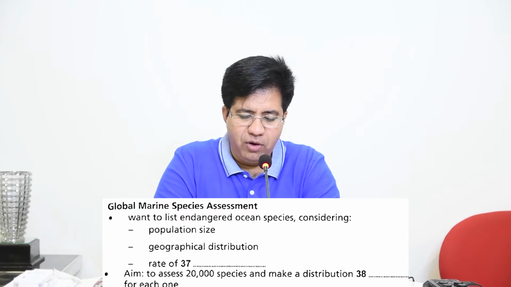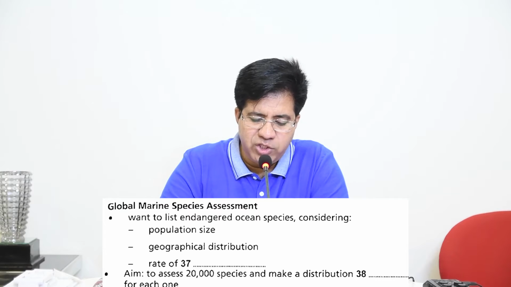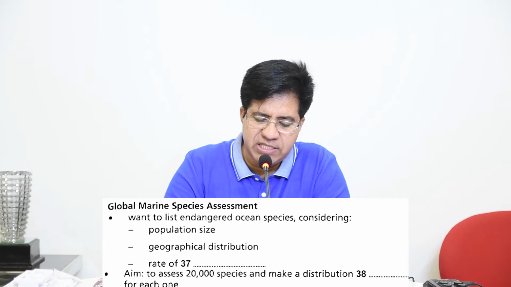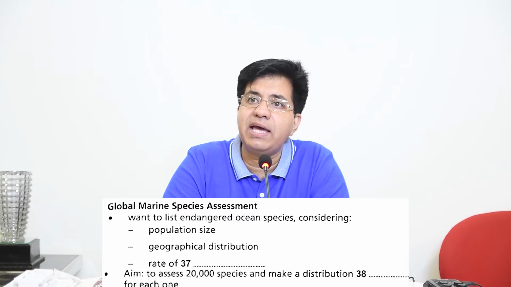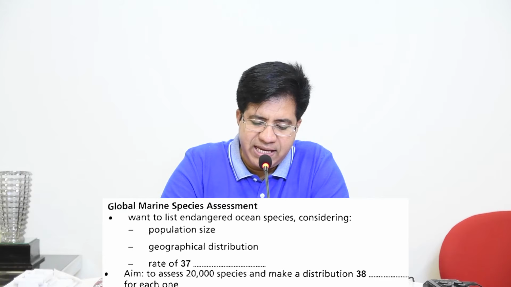Okay, now we go on. Global marine species assessment. Want to list endangered ocean species considering population size? That is the first point. They are going to consider three things. One is population size. Second is geographical distribution.